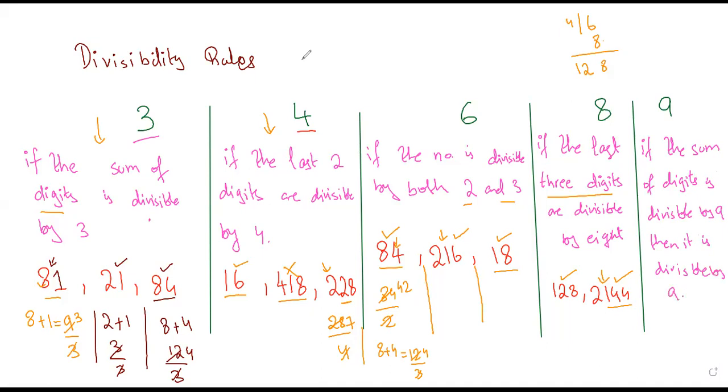Okay, so let's talk about the examples. What if we have 81? What if we have 180? Yes, Amir?